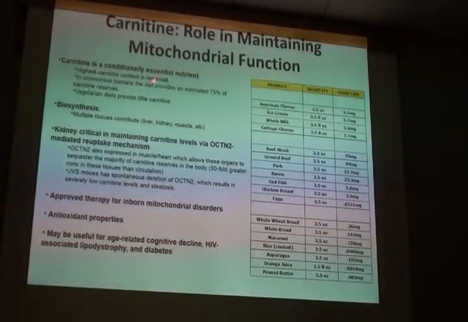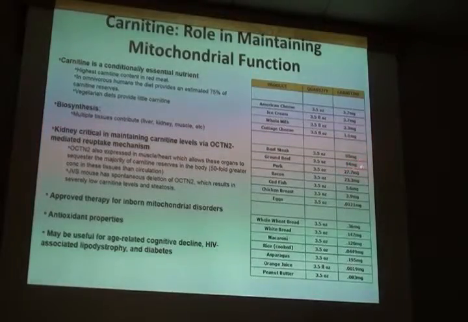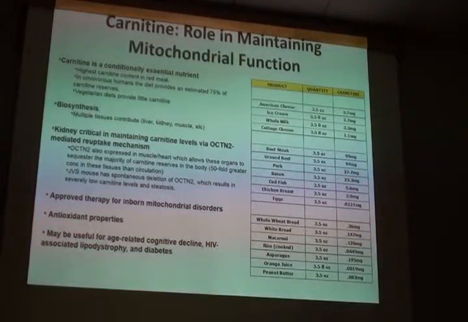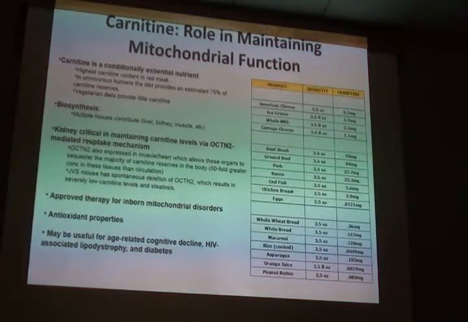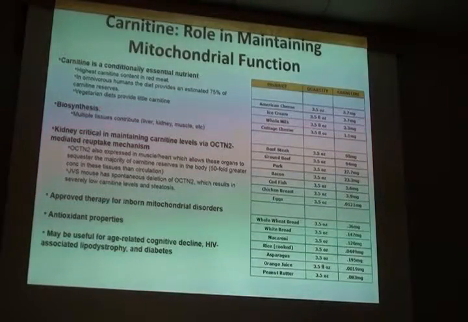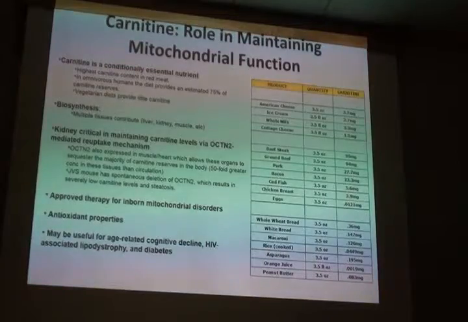A lot of that comes through red meat, which has high concentrations. There's also pretty good levels in basically any type of animal meat. And there are reasonable concentrations in dairy products, but you don't really get much in processed foods or vegetables. So people that eat vegetarian diets get almost no carnitine through their diet. They end up having to produce it all.